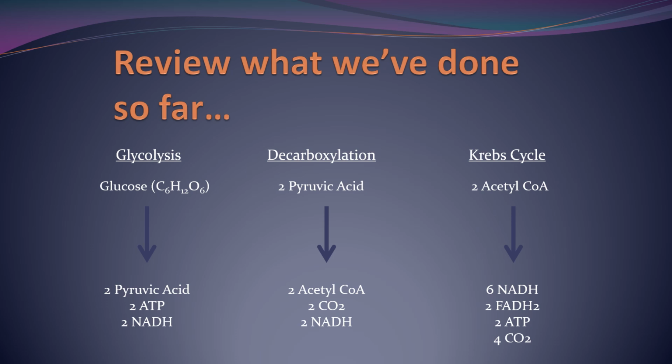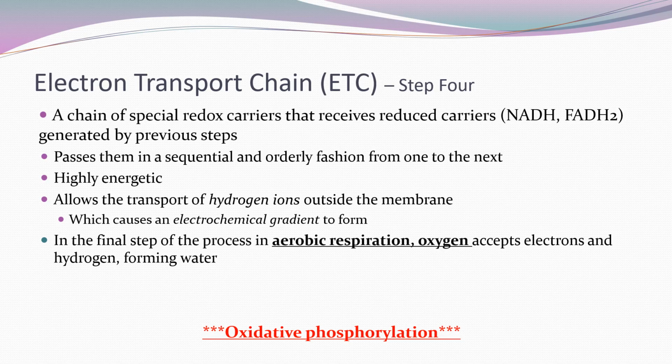Now, let's move into that fourth and final step of respiration. All right, we are moving into the fourth and final step of respiration, which is the electron transport chain, or the ETC. At this point, all of those electron carriers are going to come into play.